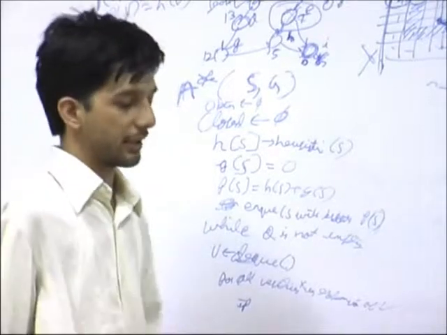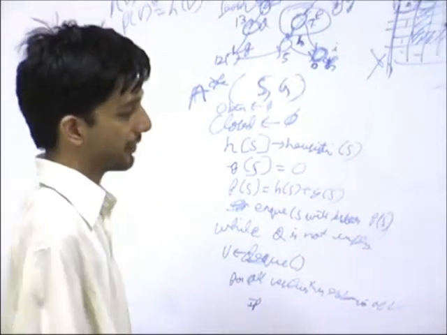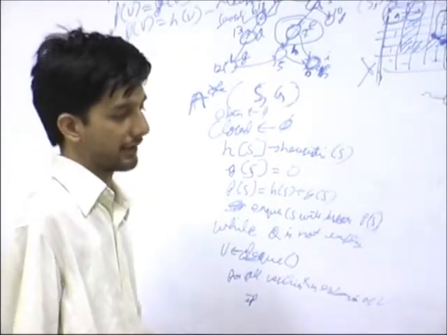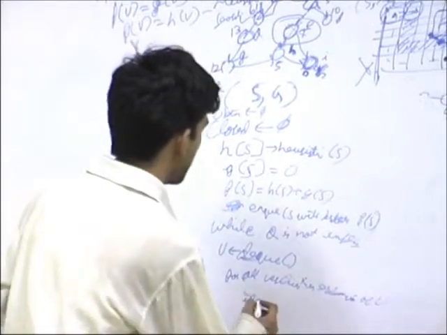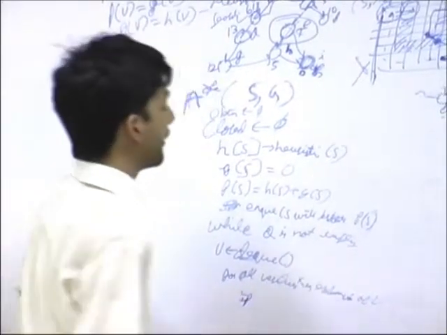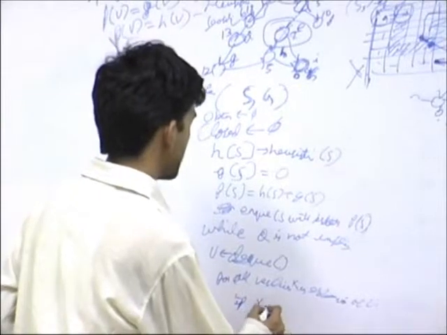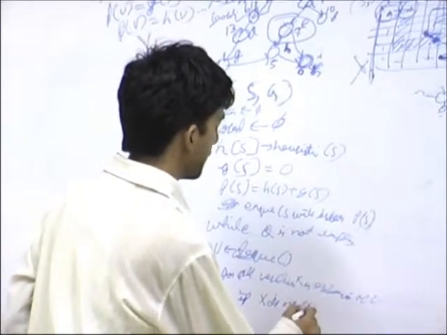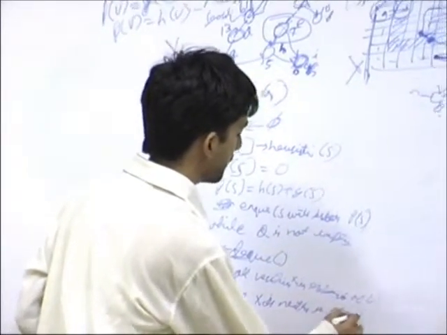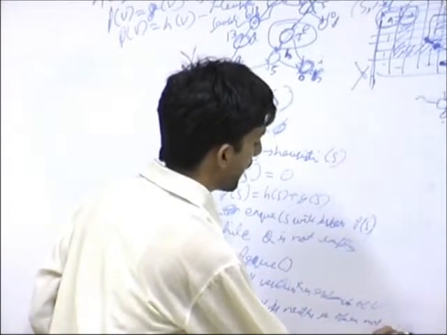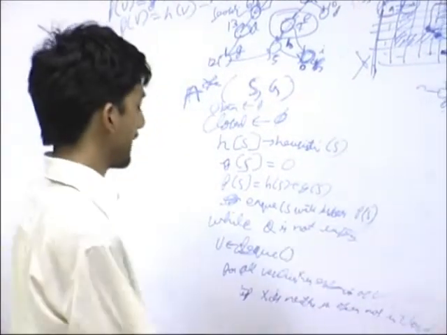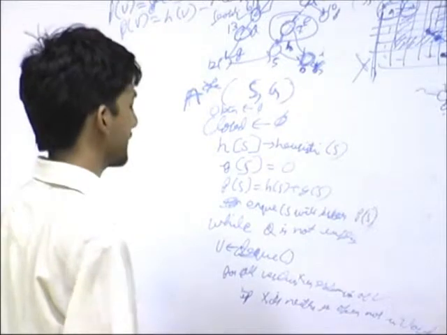Now there would be a couple of cases over here that were not prevalent in the A-star algorithm. If x is neither in open nor in closed, I can simply process the node x.